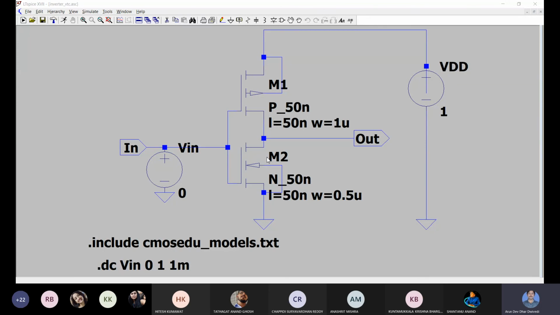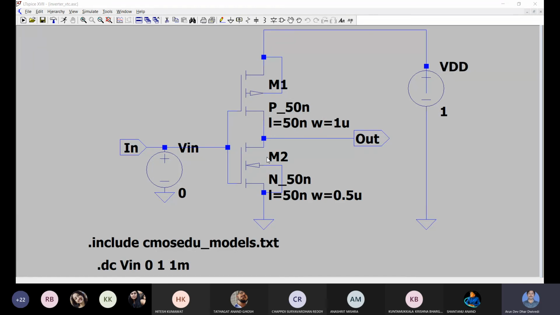Also, I will give a hint: instead of a CMOS inverter, if you want to design a NAND gate, NOR gate, or any other gate, it is done in a similar way as we have done.